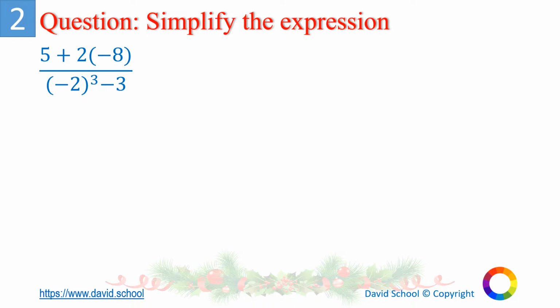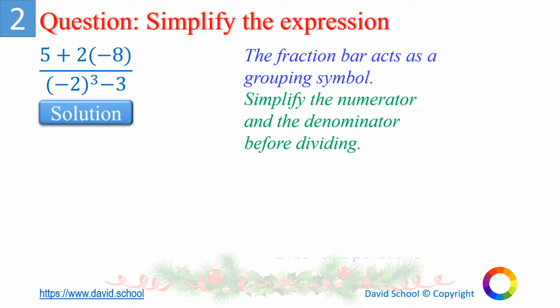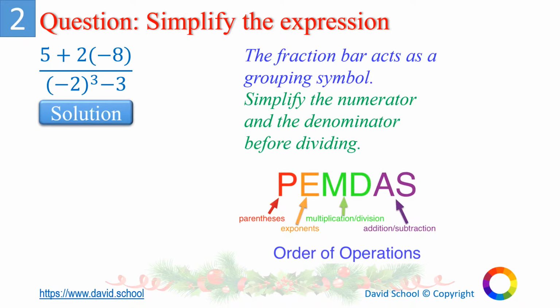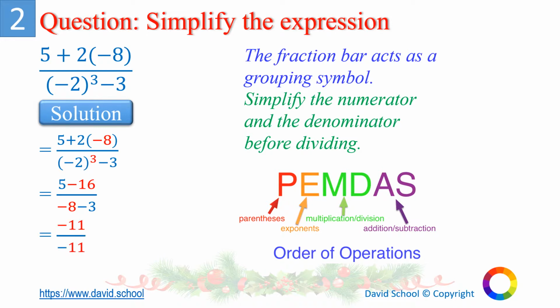We also use order of operations, PEMDAS. 2 times -8 is -16, and in the denominator, -2 cubed, which is -2 times -2 times -2, that is equal to -8. Now we simplify further. 5 minus 16 is -11. -8 minus 3 is -11. Therefore, -11 over -11, that is equal to 1.